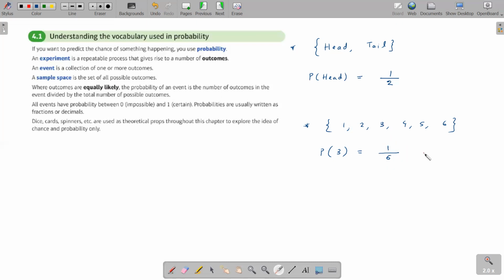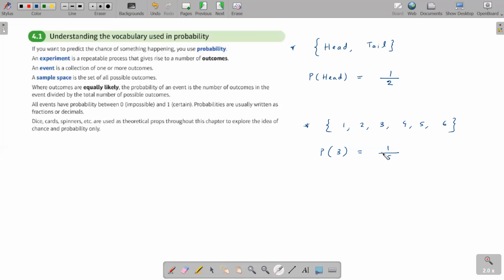Then they say all events have probability between 0 and 1. Probability values are always going to be between 0 and 1. That's why we always get fractions. Normally, probabilities are written as decimals or fractions, and these values are always between 0 and 1.